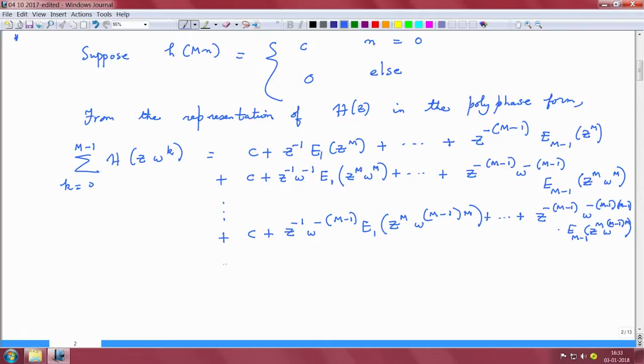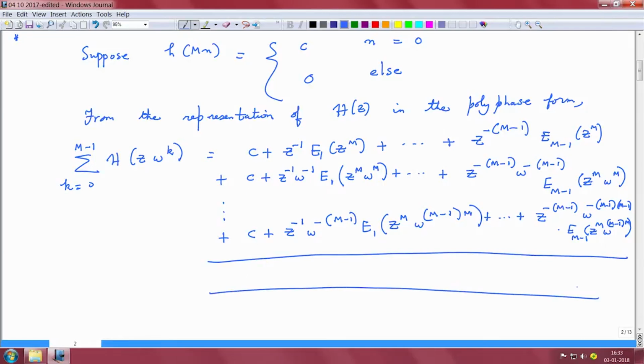Okay. Now, we add up all these quantities. So, this is going to be c added m times plus. If you look at this term here, E1 of z power m, you have E1 of z power m times omega power m is basically 1. Similarly, if you just take integer multiples of those they will all be 1.